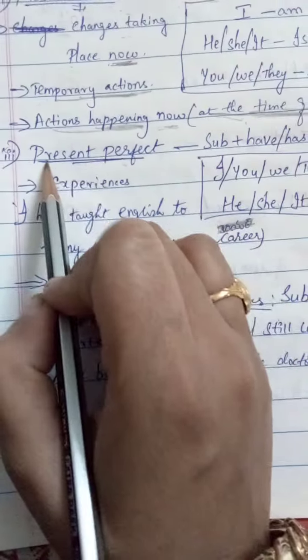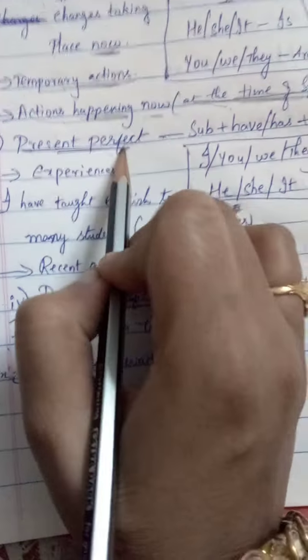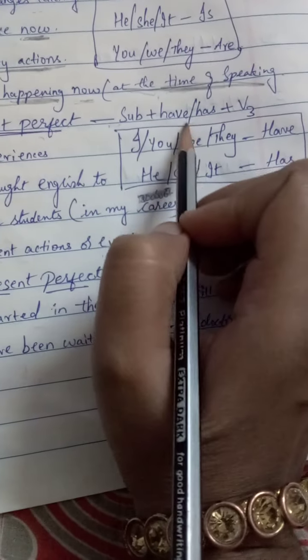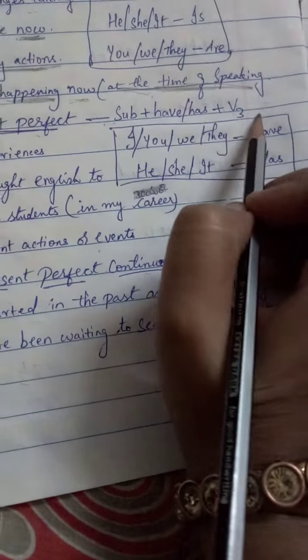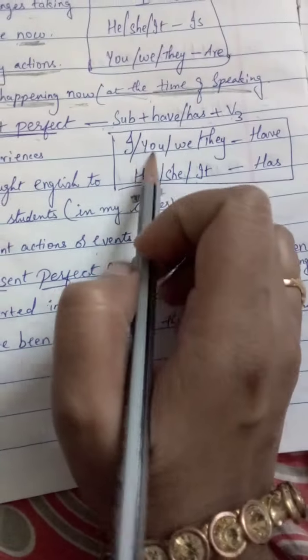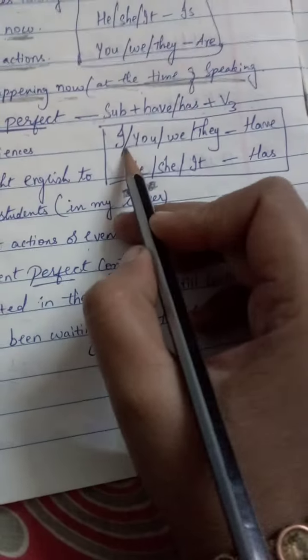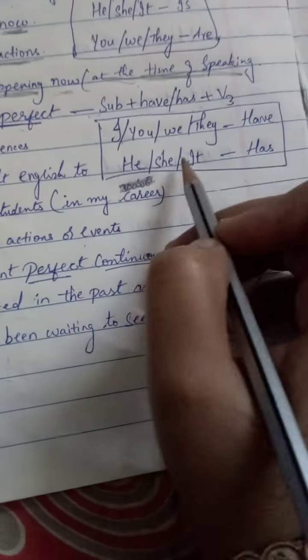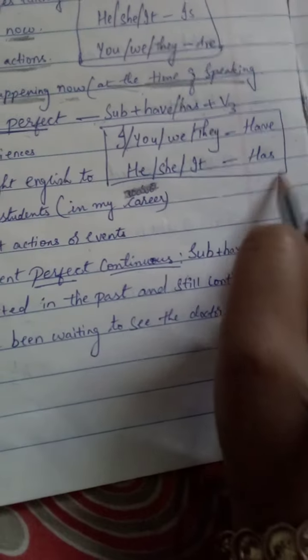The next is present perfect. The form of present perfect is subject plus have or has plus V3. For I, you, we, they, we use have. For he, she, it, we use has.